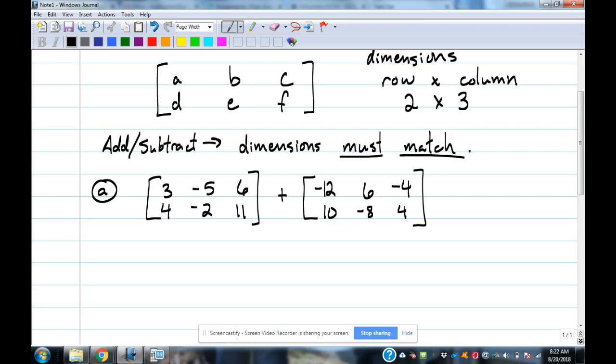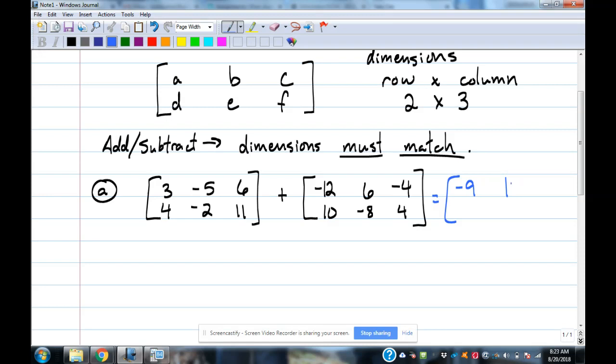I usually don't do matrix addition in the calculator just because I can just do it quicker just doing regular math. But I will show you how to do this. Okay, so we're going to add element for element. So 3 plus -12, -9, and then -5 goes with what? 6. Negative 5 plus 6, 1. 6 plus what?